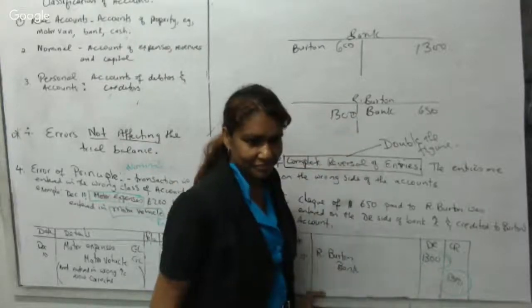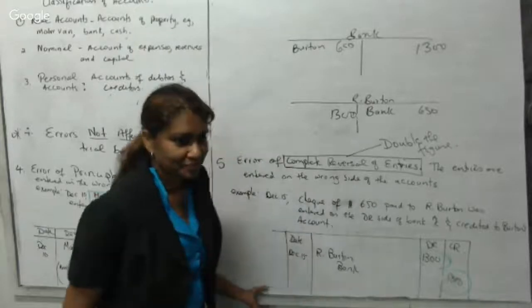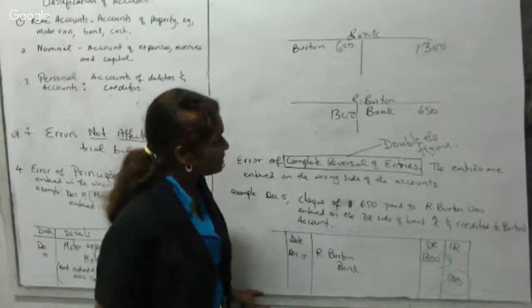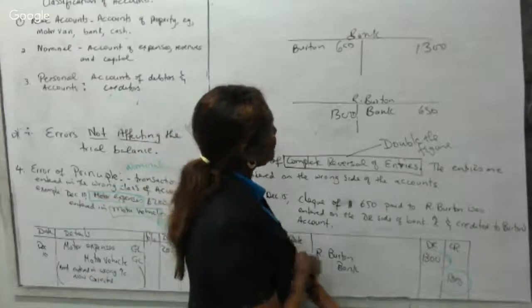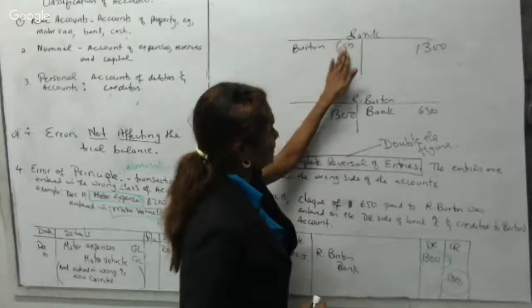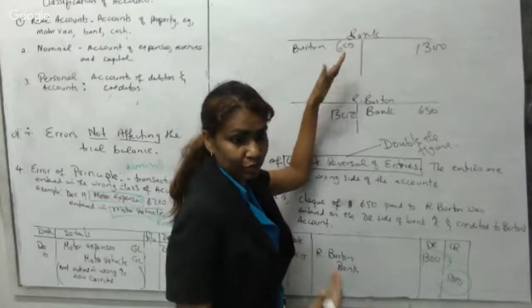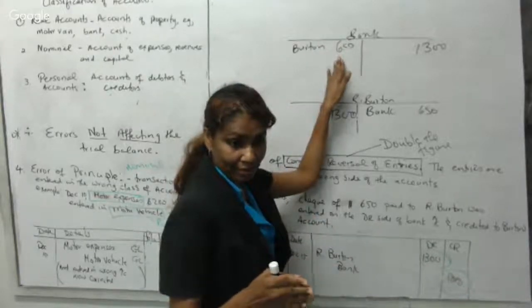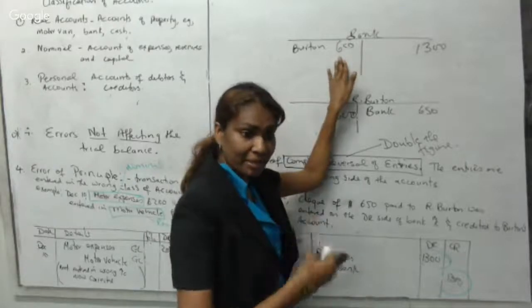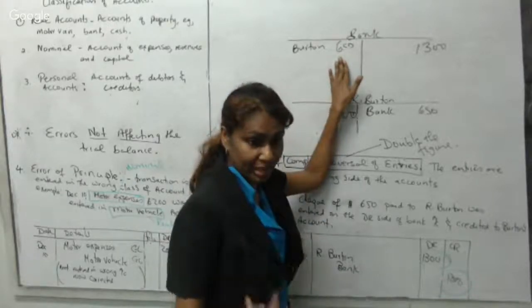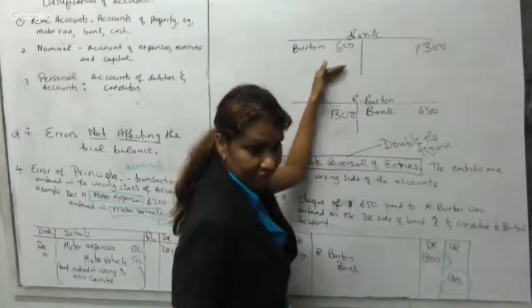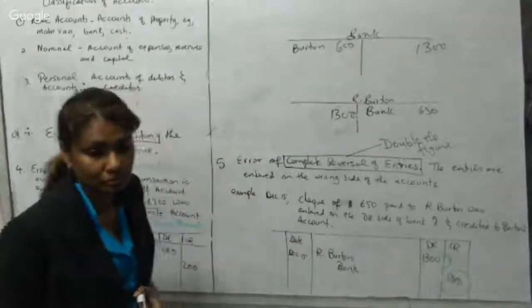You paid him the 650, but you entered the information as if you were receiving money from him. So on paper now you have to go back and make the correction. You're not going to give him another check, just in your records.